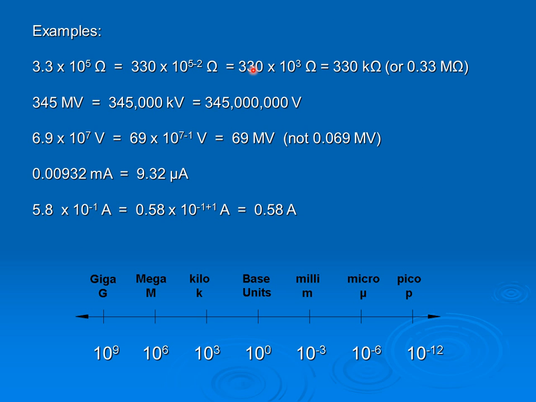But the number will be getting bigger, because if the exponent gets smaller, the number gets bigger, and vice versa. How many exponents do you decrease? 2, right? So your number will be bigger, so your decimal point will be moving to the right, because if the decimal point moves to the right, the number gets bigger. It was 3.3, now it becomes 330.